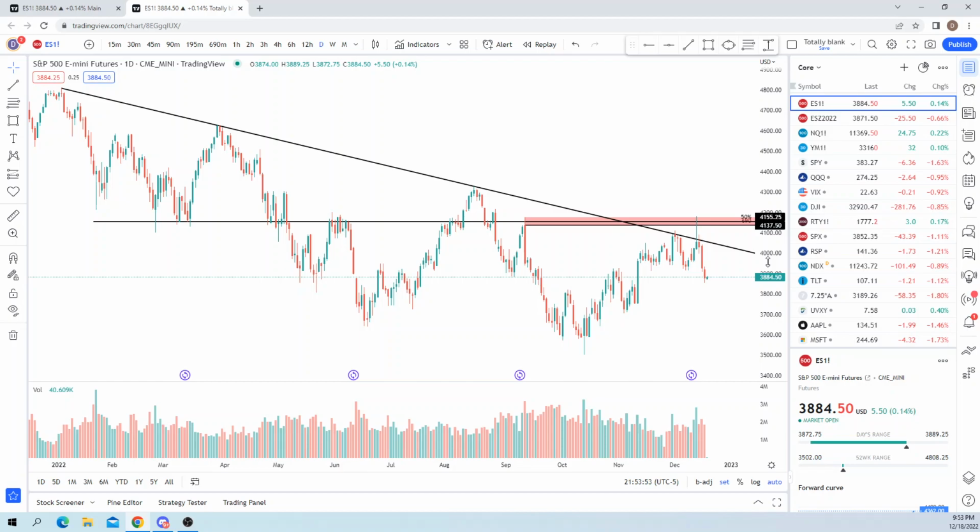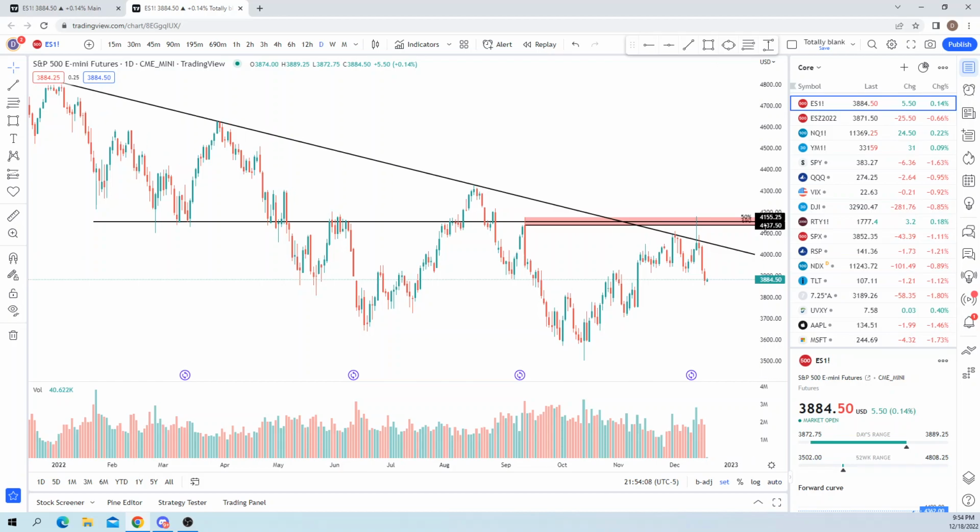Because technically, if it's above what the fair value is, technically it's overvalued. And when an asset becomes overvalued, you want to take profit, right?